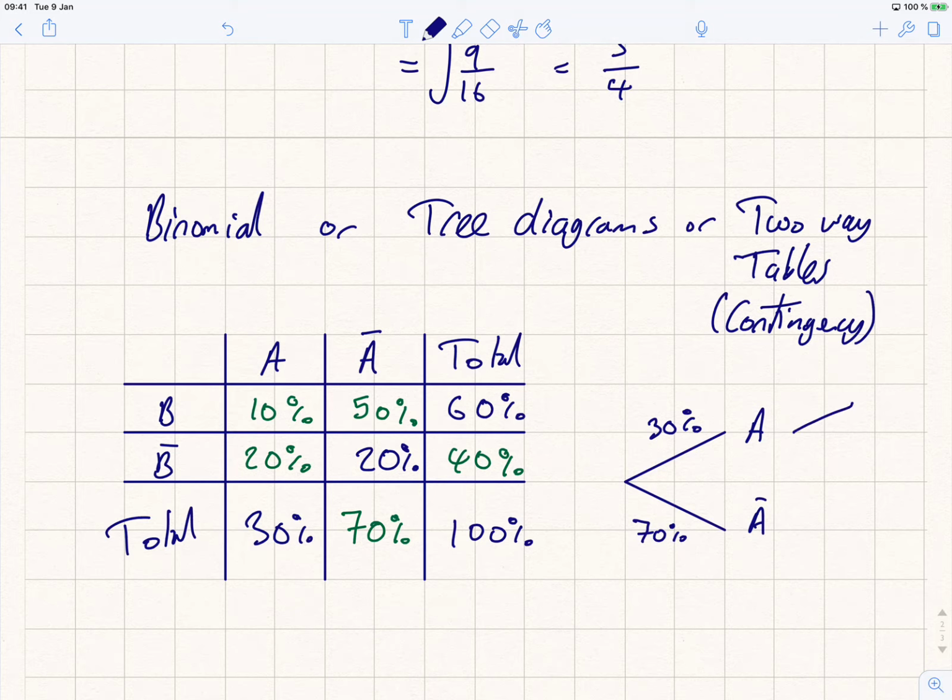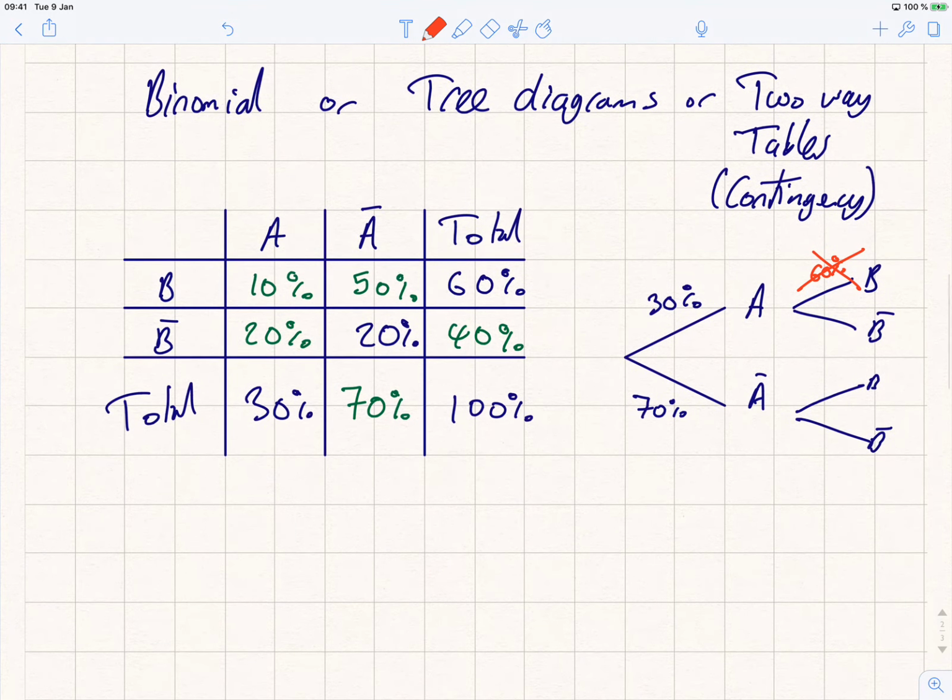But now, because we've got conditions, we can't do this bit here, because this is not 60%. That is not correct. Actually, we can get that from the table, because that's A and B. In fact, this is how we can check for independence.